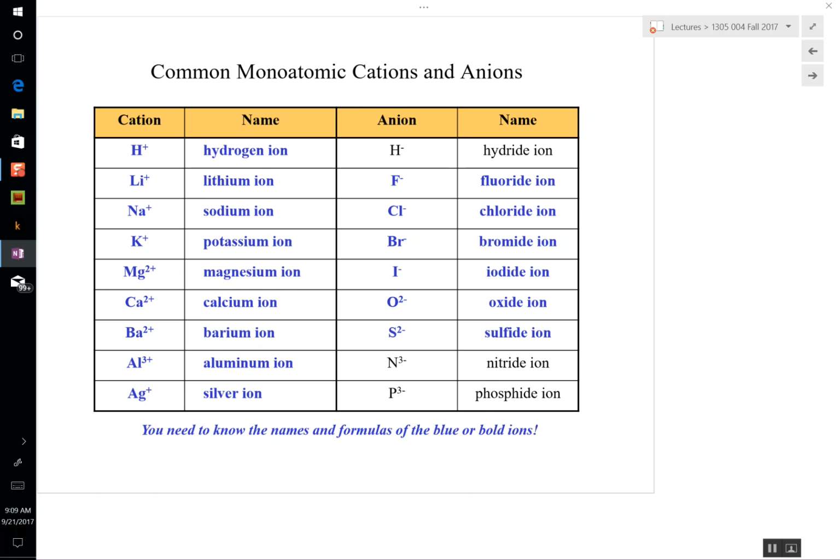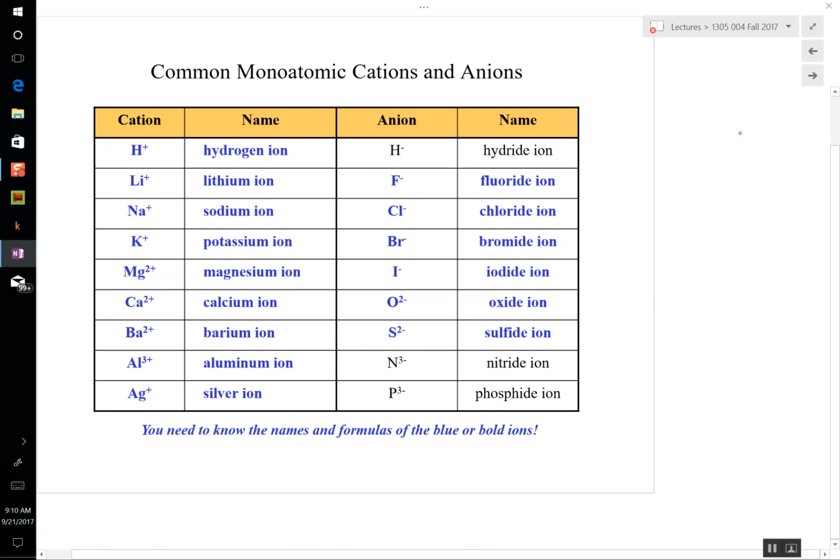On occasion, not very often, you might see something like potassium hydride, where hydrogen is actually reacted with a metal. Potassium wants to be +1. It's going to take hydrogen's electron rather than hydrogen losing its electron. So potassium hydride would be like that, KH. But, well, let's not worry about that right now.